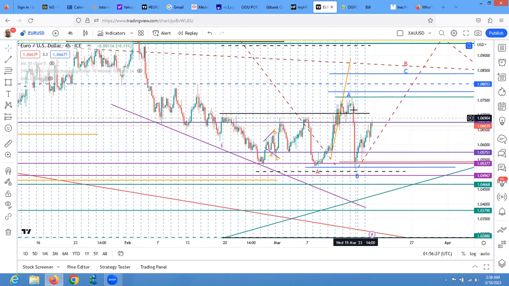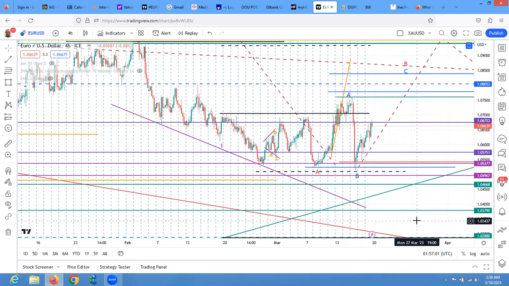Here, they threw a big candle down again, but they didn't break the structure of A or what B should have given me. A B limit should have been around this area. If they have broken this one to the downside, then I won't be thinking of the possibility of a C. I will now take this one as probably an X, where instead of A in the red, it will now become W in the red, X in the red, and a Y, WXY.